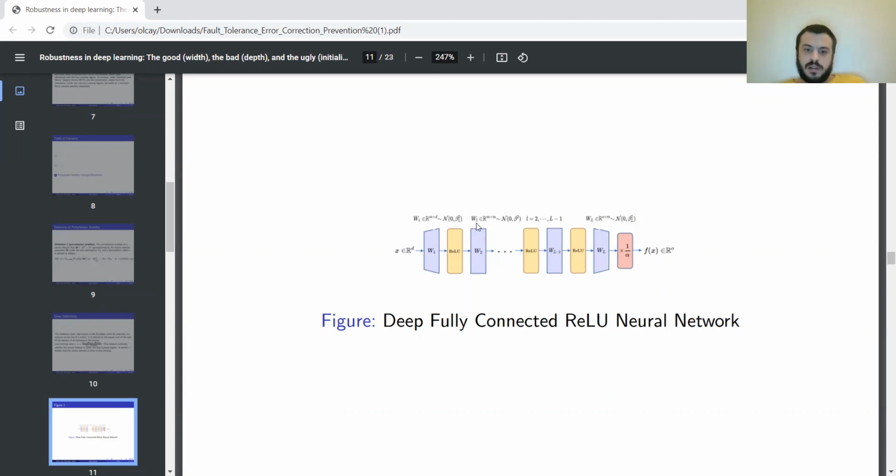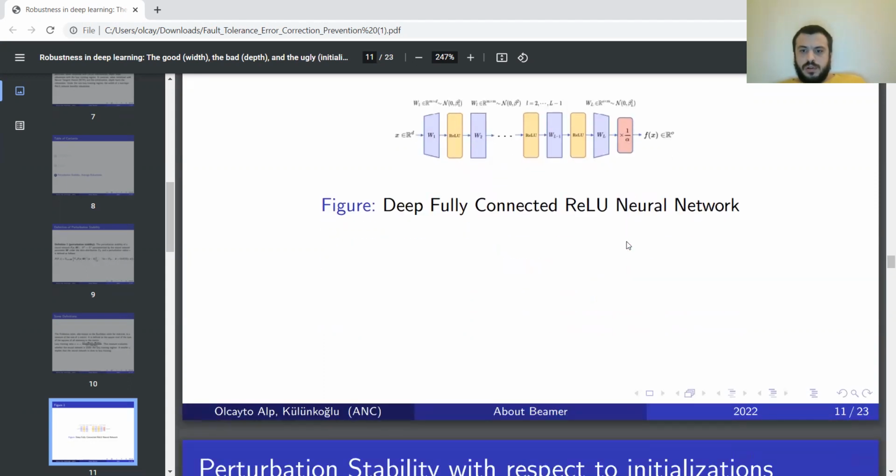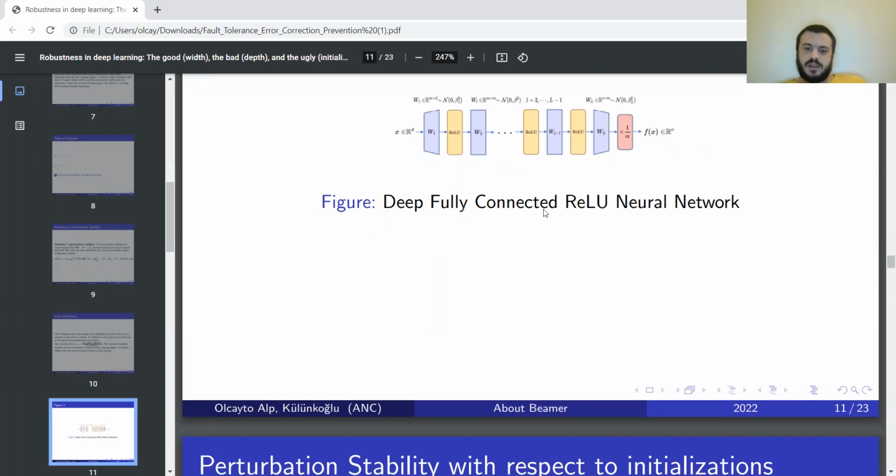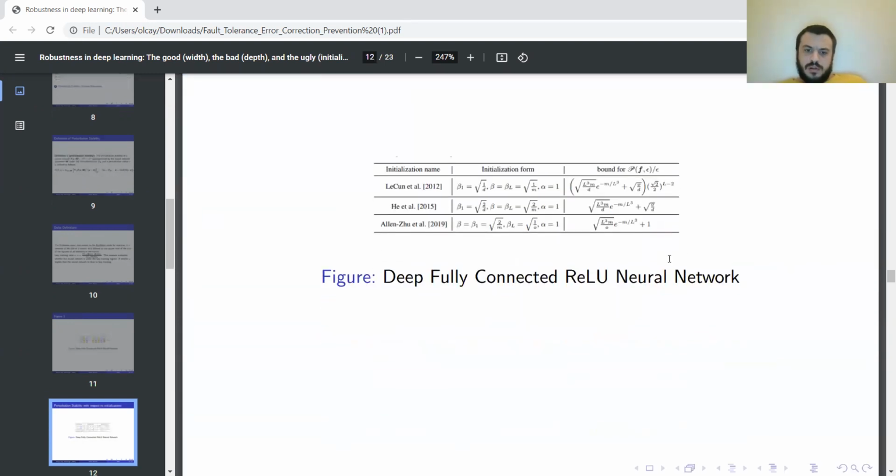This is the notation, and M here gives the width of the network, and there is the size of the input vector, and O here, I don't know the name of the notation, I call it O, is the size of the output vector. Okay, so what is the LeCun initialization?